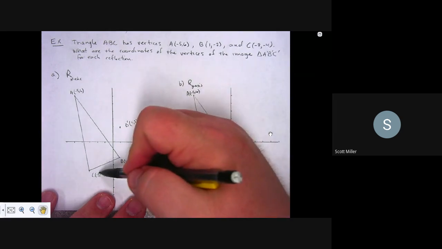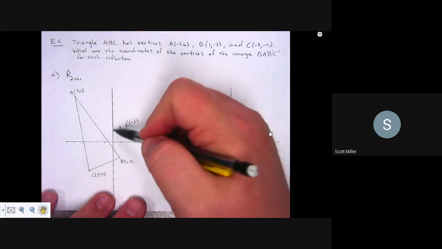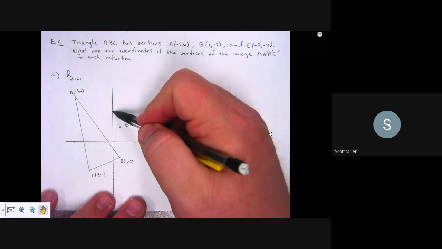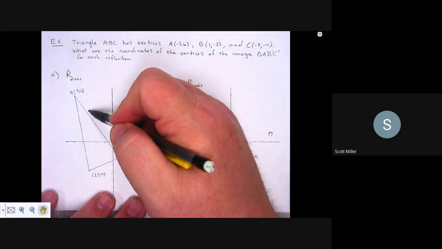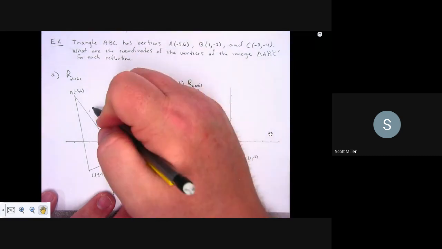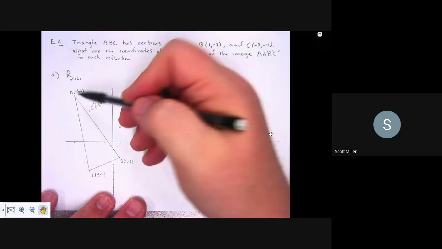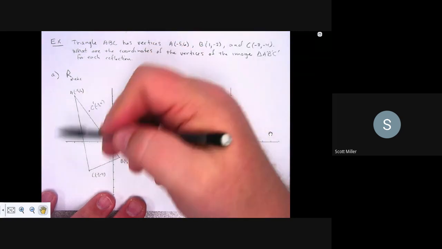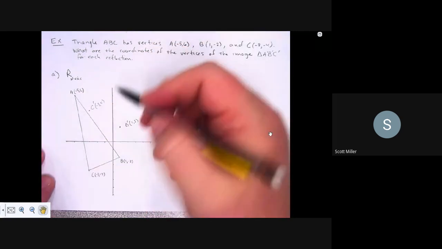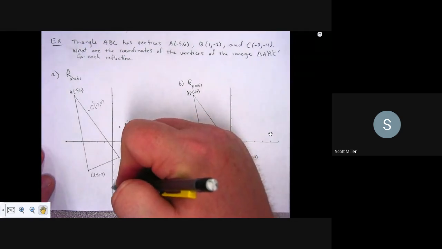Here is (-3, -4). So when I reflect that over, it's going to stay at -3, but it's going to come up here to positive 4. And so we'll have a dot right there. And that dot becomes C prime, which is (-3, 4). And then this one's going to stay at -5, but drop all the way down here to -6, 2, 3, 4, 5, 6, and all the way over here to 5.